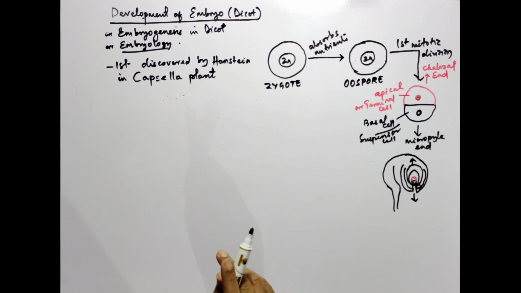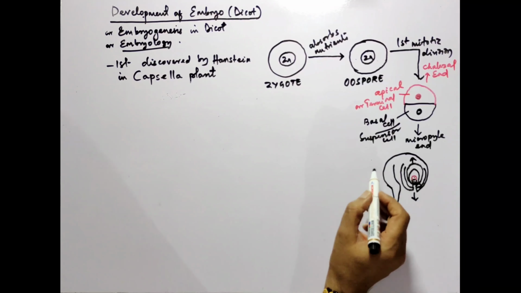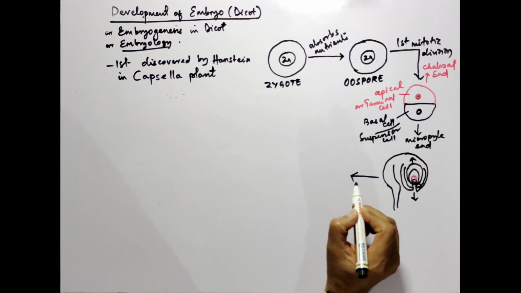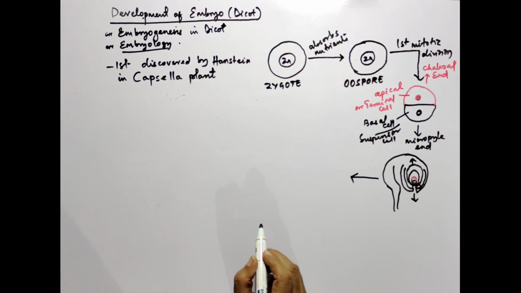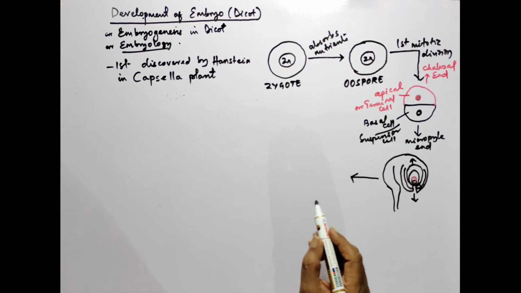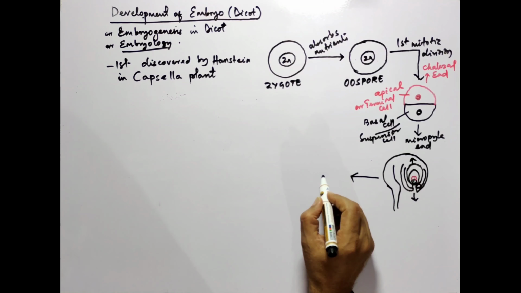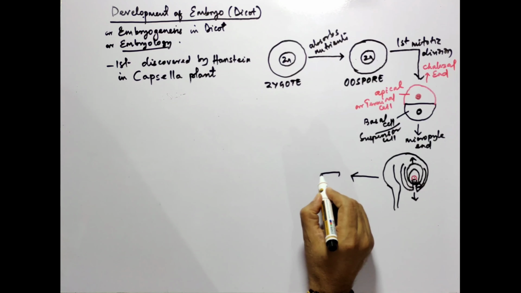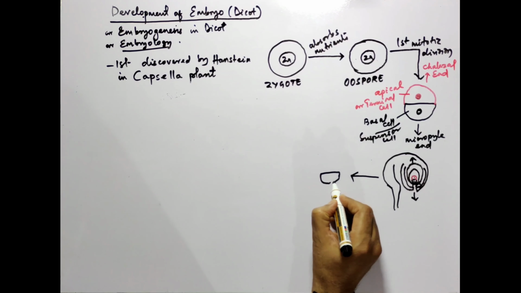Next, these two cells divide. The lower one, or the basal cell, divides in transverse division.